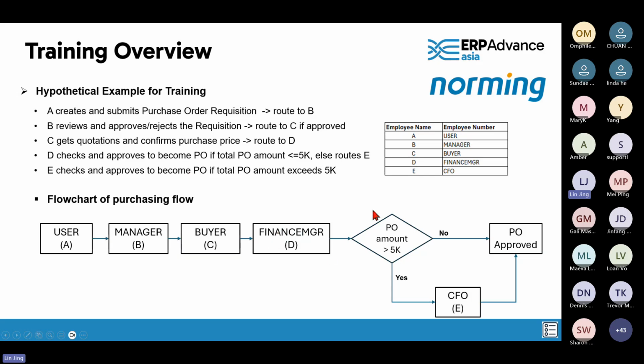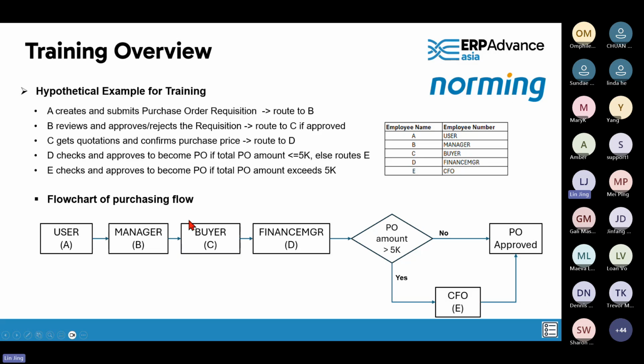After that, based on the total amount of the PO, it is decided whether it needs senior manager approval or not. If it is more than 5K, yes, it goes to this loop, and less than 5K goes to this loop. So now you have completed the design, or drawn the flow chart, of the approval workflow.